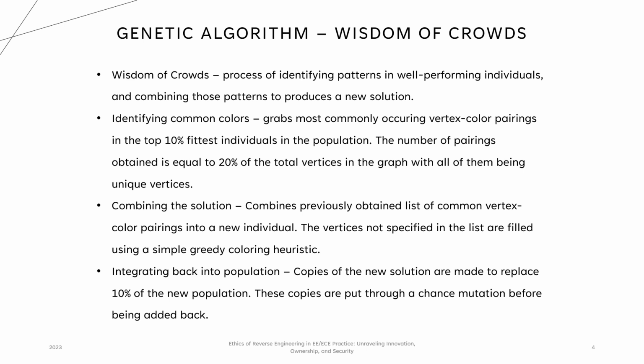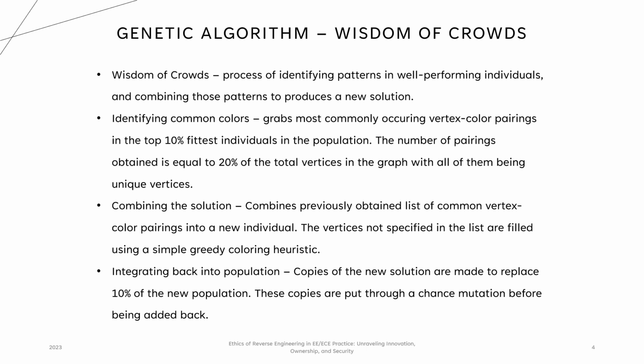So then to combine the solution, these commonly occurring pairings are simply placed into a new individual. And then the vertices that are not specified in that list of pairings are refilled using a simple greedy coloring heuristic.